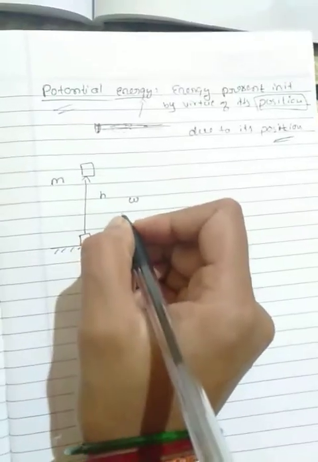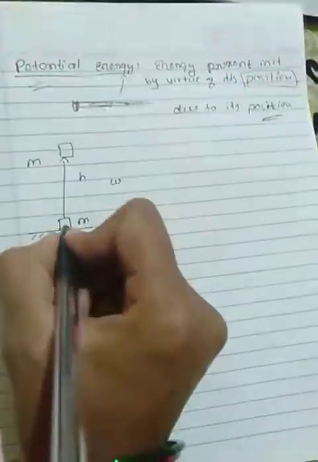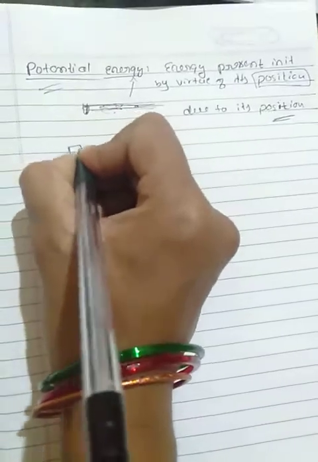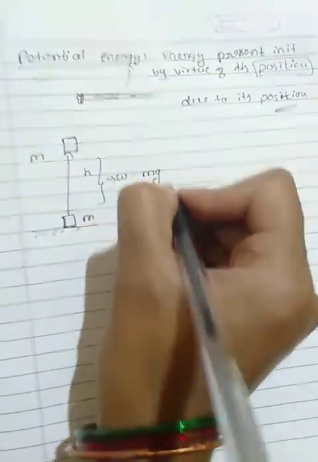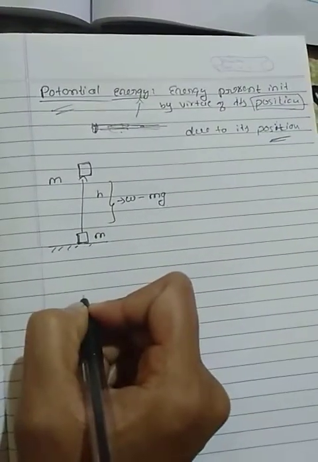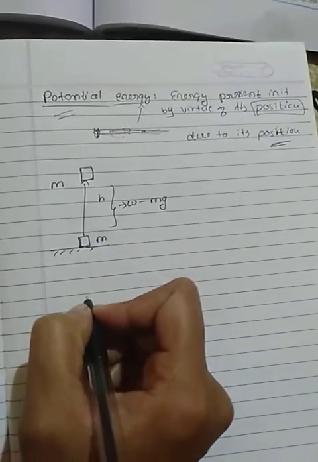Remember that the minimum force required to raise this object to this height is called the weight of the object, and this is represented by mg. The object gains energy equal to the work done on it.